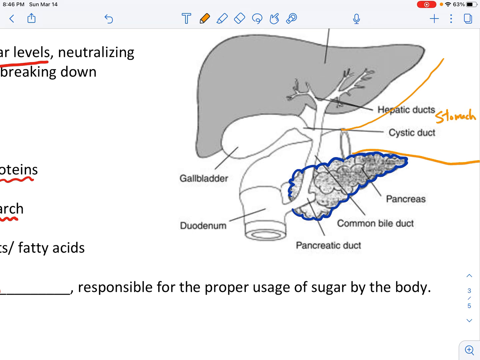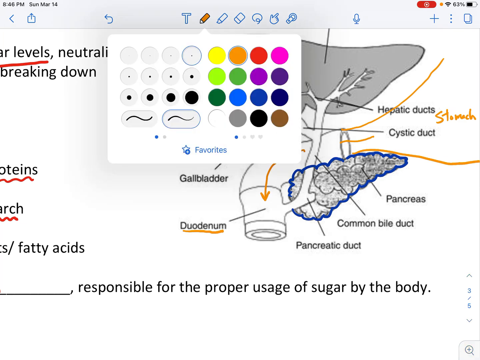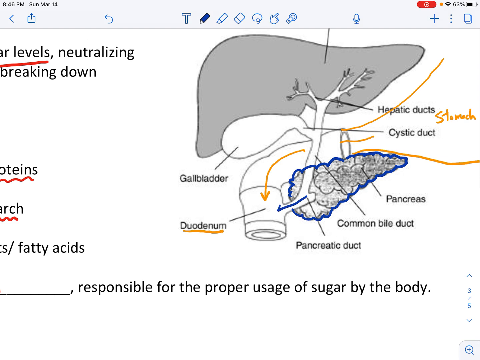And as the contents of the stomach begin to dump into the duodenum, the pancreas essentially is going to squirt its enzymes and its sodium bicarbonate onto the chyme that's coming from the stomach, and essentially inject all of those enzymes into the chyme so that it can continue to work as it's traveling through the small intestine.